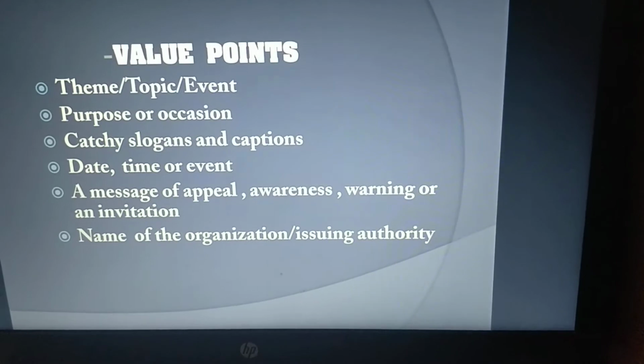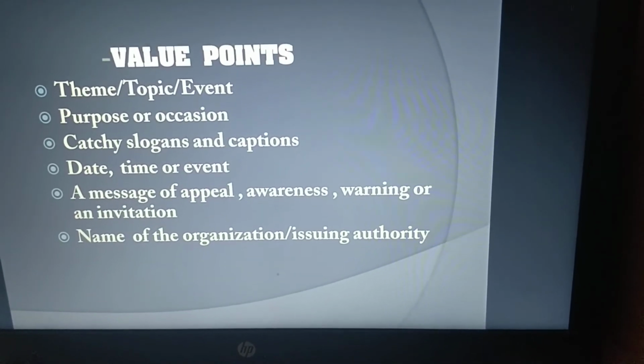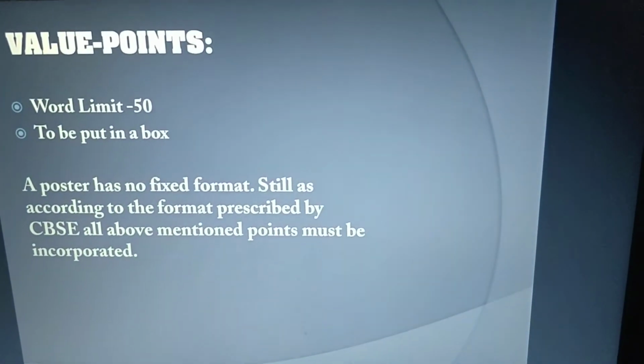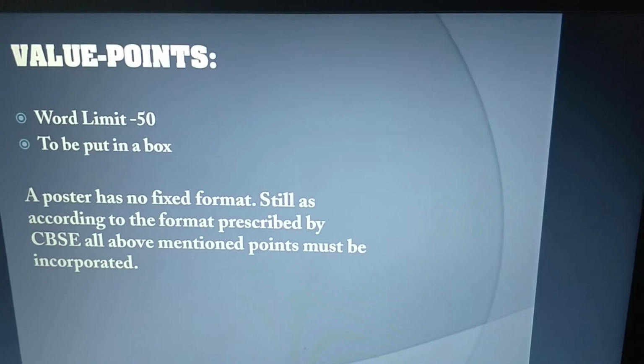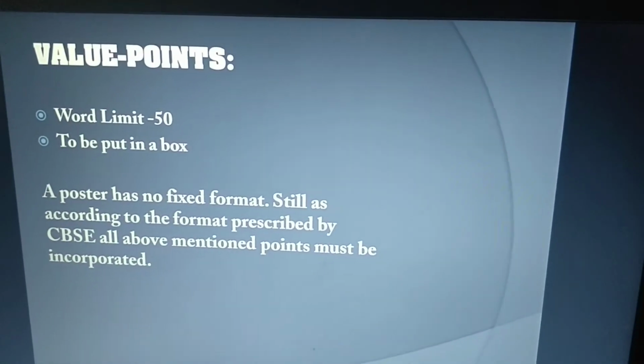Then after all the points are covered, you have to mention the name of the organization or the issuing authority.